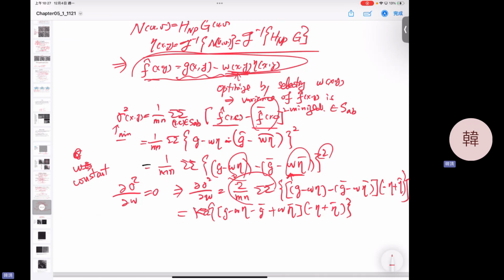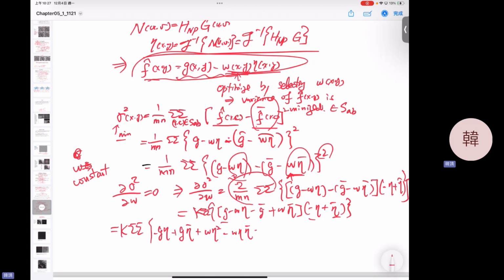So let's write here. So it's equal to K average of what? So it's G. So please help me check that every step of the process is right. So this time, times these 2 terms. So it's plus G eta bar, and then minus G eta, W eta minus is become positive square, and the next thing is the W eta bar.